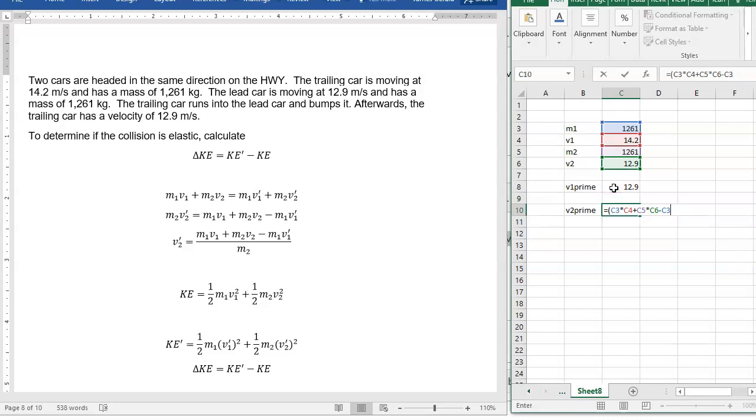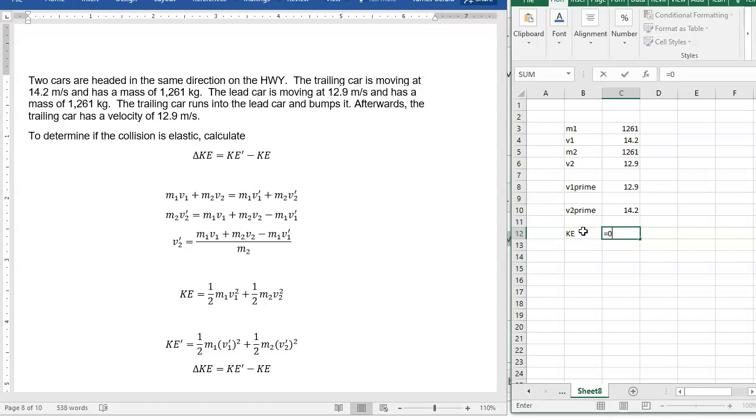Let me get rid of my typo. All of that divided by m2. So now we have v2 prime is 14.2, which is exactly what v1 prime was beforehand. Maybe you can already see where this is going.